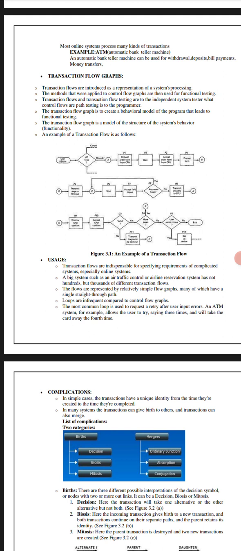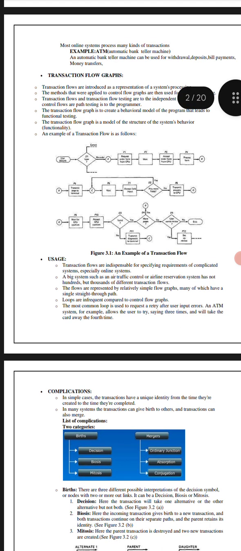The flows are represented by relatively simple flow graphs, many of which have a single straight-through path. Loops are infrequent compared to control flow graphs. The most common loop is used to request a retry after user input errors. An ATM system, for example, allows the user to try three times and will take the card away the fourth time.